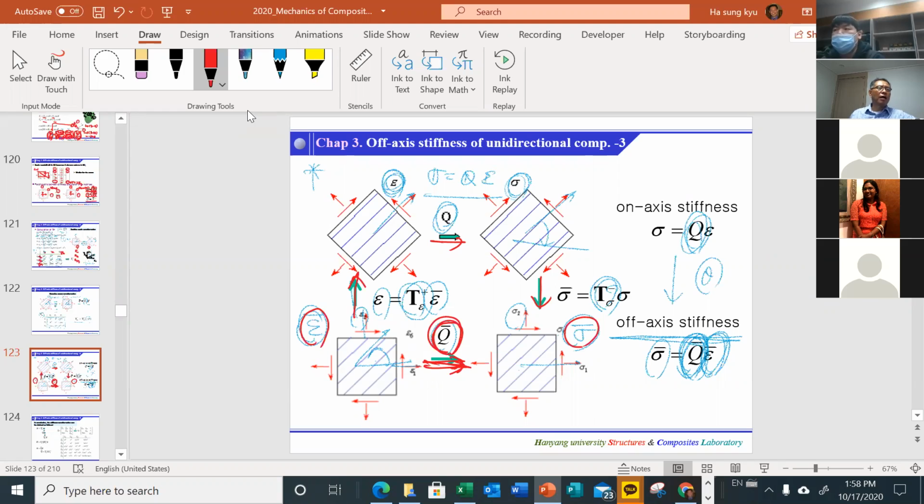So to derive the Q bar in terms of Q, we first need to transform the strain, multiply by Q, and then apply the stress transformation this way. So that will be equivalent to just the Q bar.